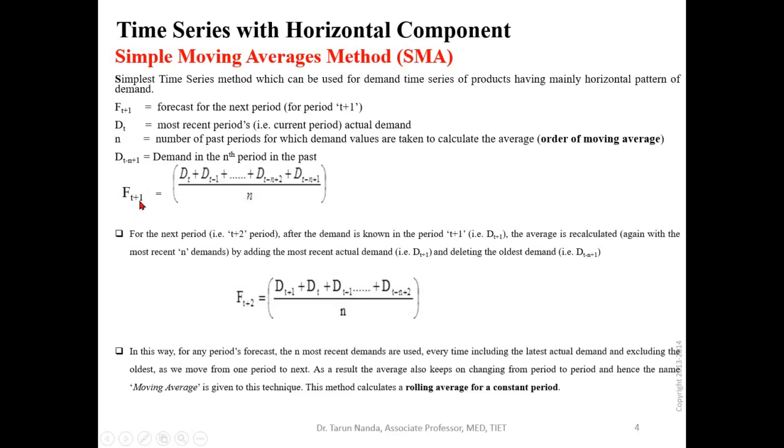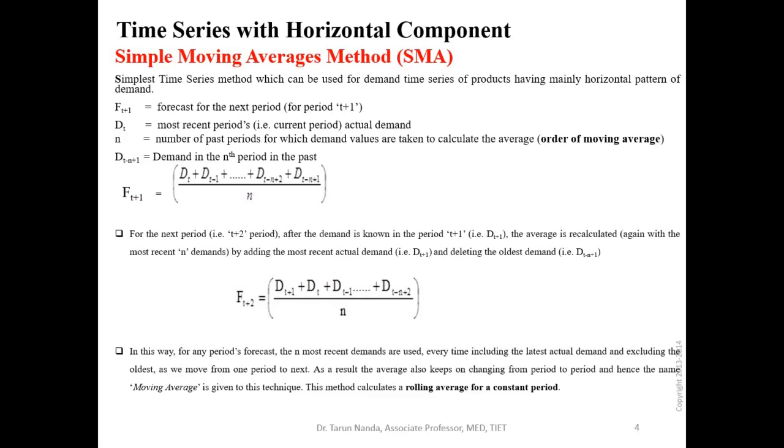The difference is that we calculated this forecast, we made this forecast sitting in period t, and we'll come to know about this actual demand only when we have arrived at period t plus 1. And the difference between dt plus 1 and ft plus 1 would be the forecasting error for the period t plus 1, but that's a separate issue. What I'm trying to make you understand is that here when you were making this calculation, you were sitting in period t.